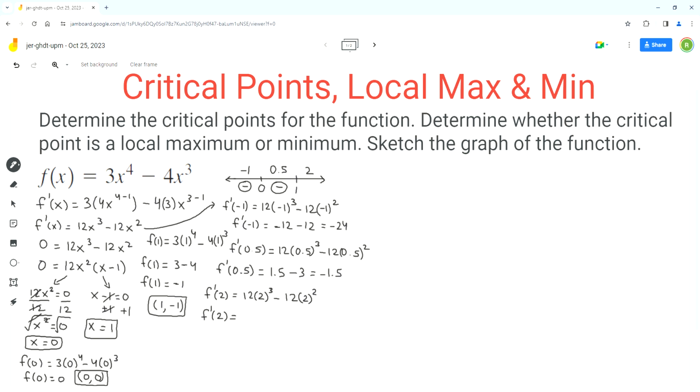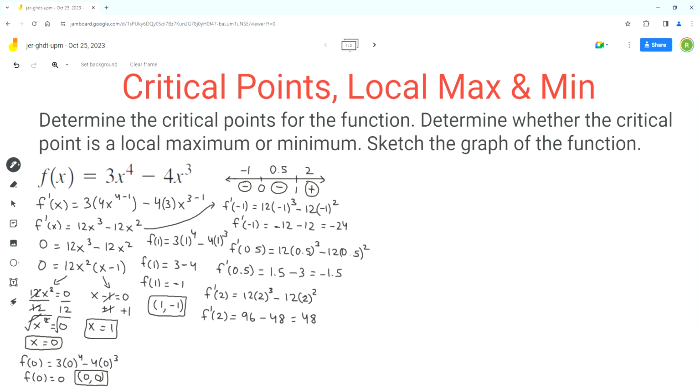So 12 times 8 is 96, minus 2 exponent 2 is 4, so 12 times 4 is 48. And 96 minus 48 is equal to 48. So we got a positive value for f prime. That means the function is increasing to the right side of x equals 1.